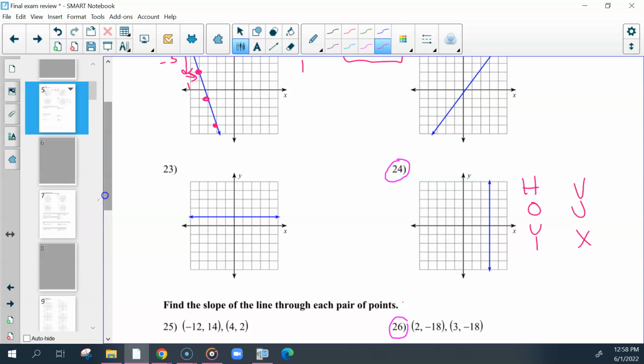And remember that horizontal lines have 0 slope and are y equals. Vertical lines have undefined slope and are x equals. In this case, this is a vertical line, and we are looking for the slope. So the slope would be the u, the undefined.